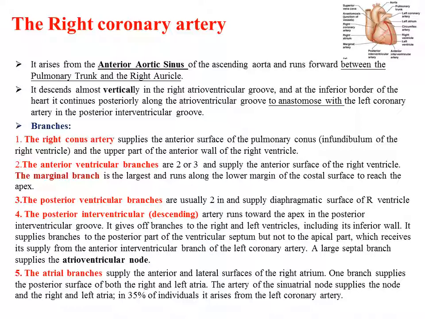We'll mention this later. And number three is the posterior ventricular branches, and those are mostly two and supply the diaphragmatic surface of the right ventricle.